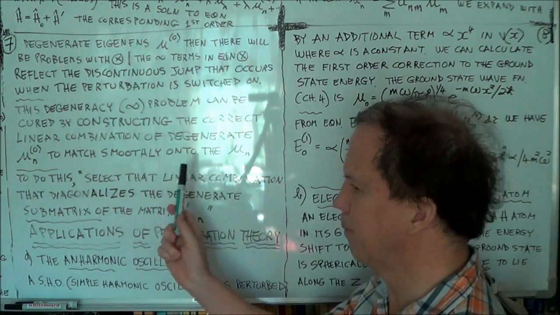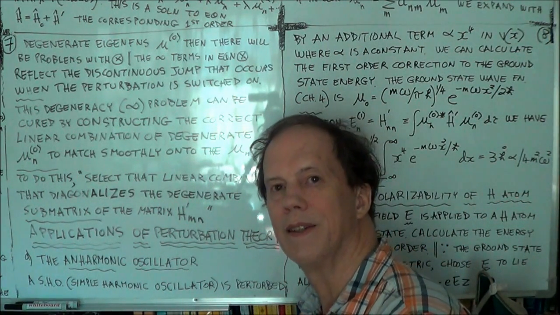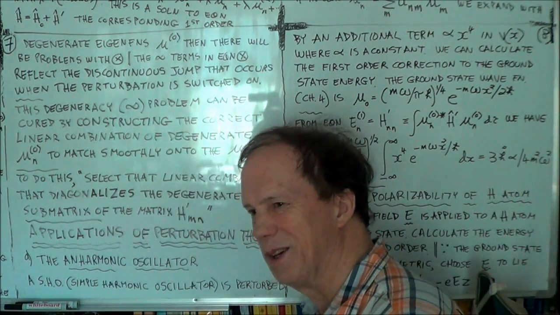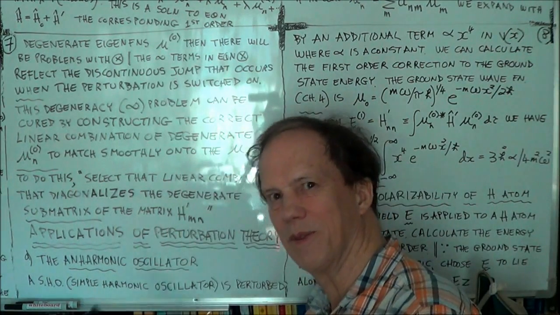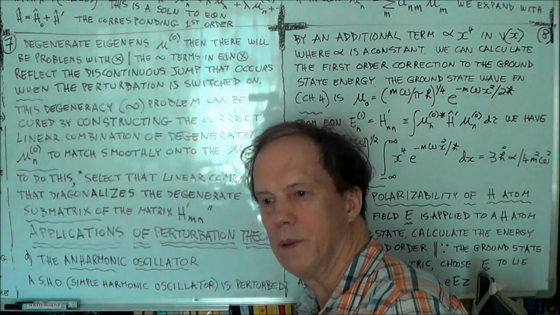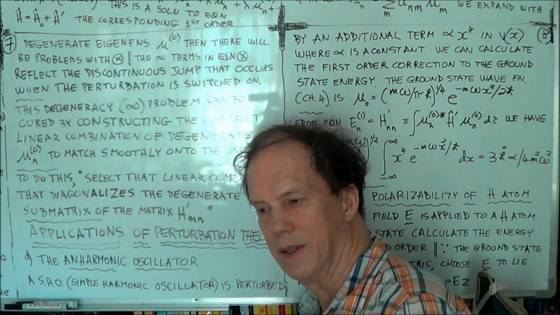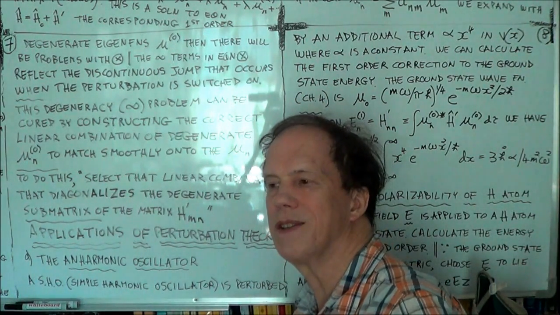Doing that allows you to diagonalize. Now, if you don't know what I'm talking about, don't worry. But if you do, you may go, oh, that's how they did it. So you need to know enough linear algebra to understand what diagonalizing a matrix means. It just means constructing a matrix that's diagonal.